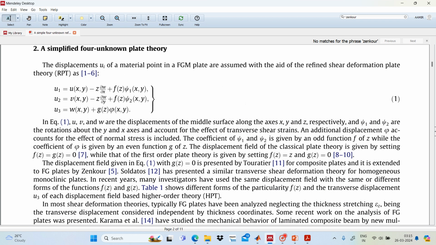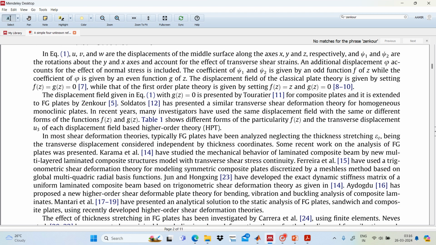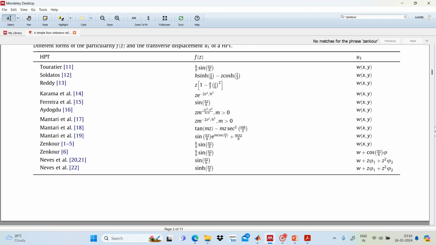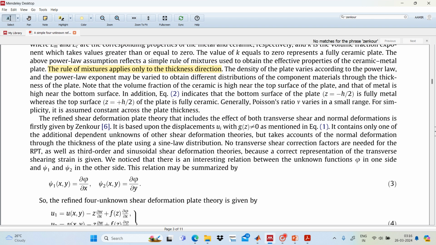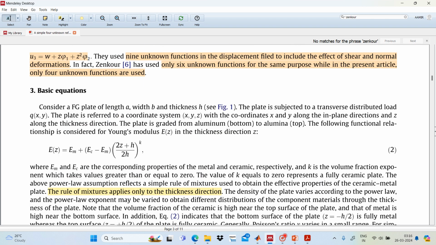Here the displacement fields are written for the linear part as well as FG, and FG is written below, showing which function is chosen. Somewhere it has h by pi sinusoidal pi z by h. We can also see the EG material property variation, EM plus EC minus EM into this.